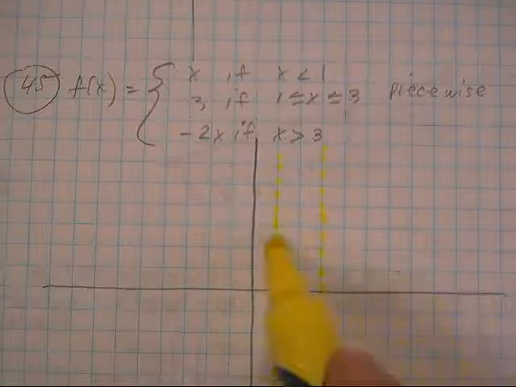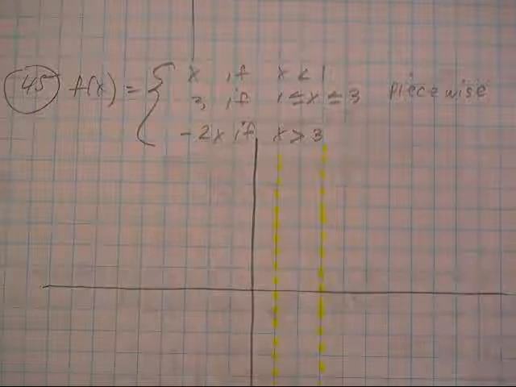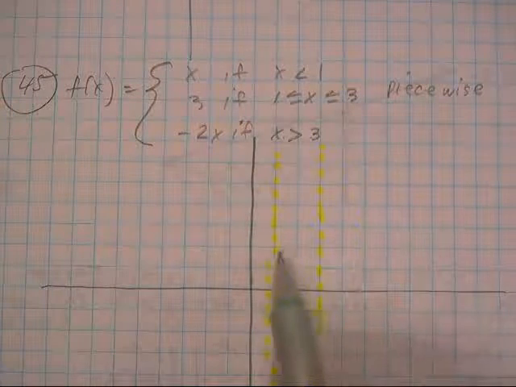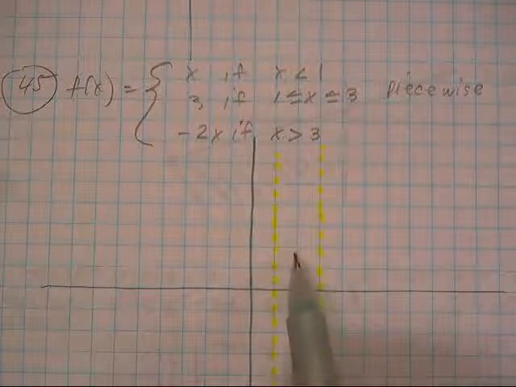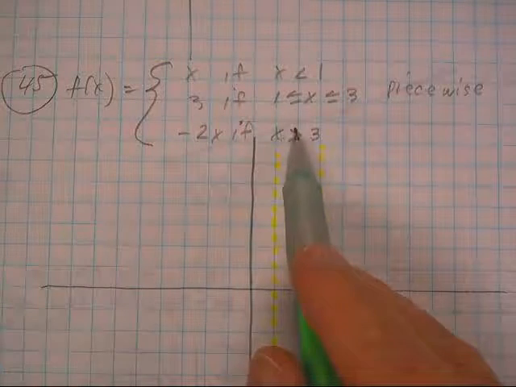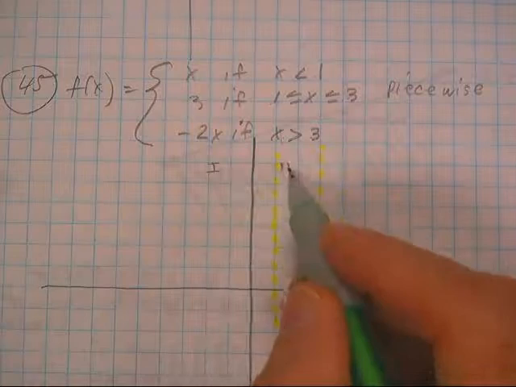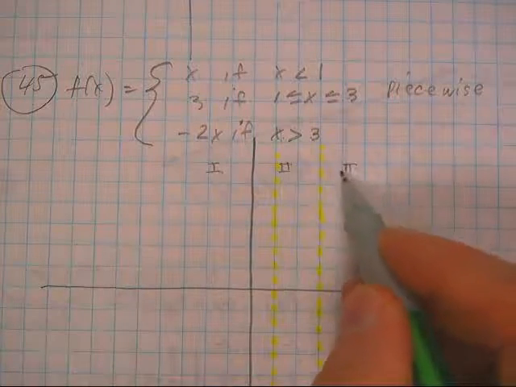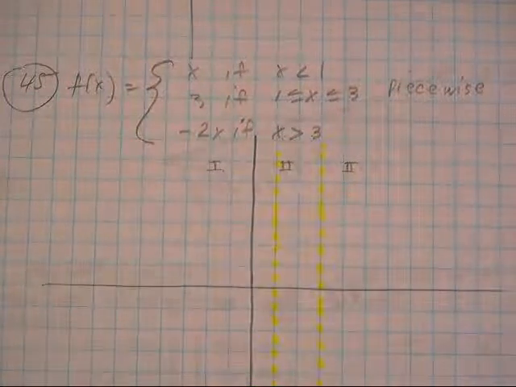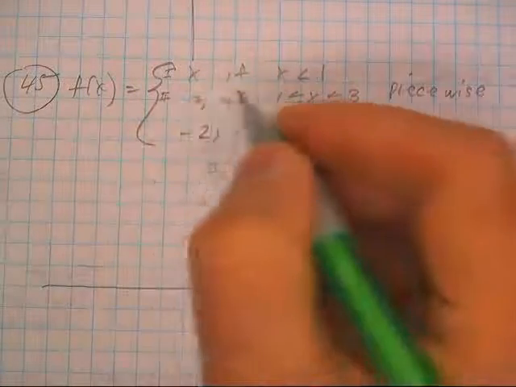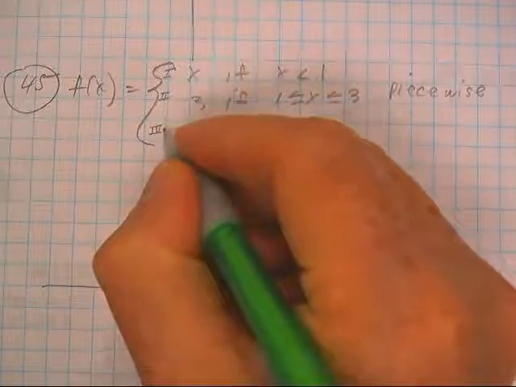And I've got to the left of 1, that's everything over here. And then I've got in between them, that's everything in here. And then I've got to the right of 3, that's everything over here. So I really have 3 pieces. I got the first piece, the second piece, and the third piece.